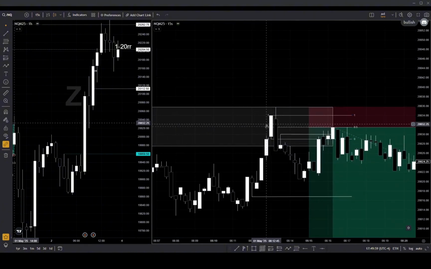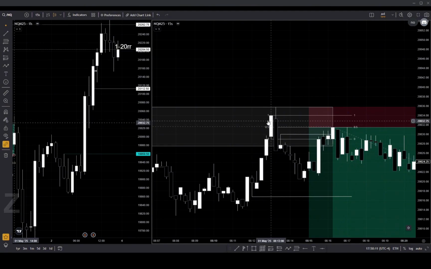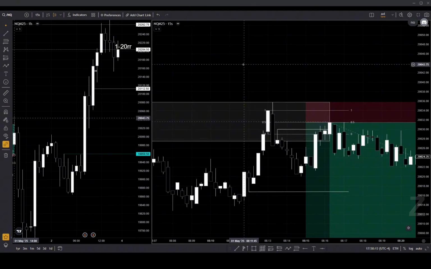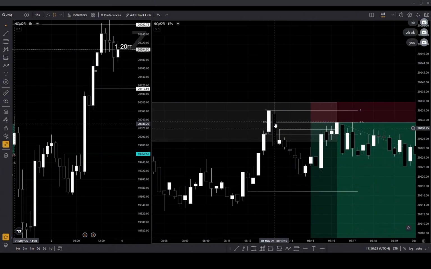But what does this candle mean? This white candle is an order block. I think you know this is an order block. So I use this candle as my order block.